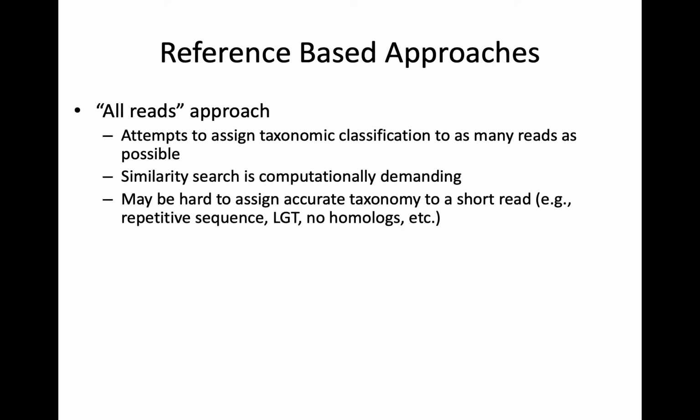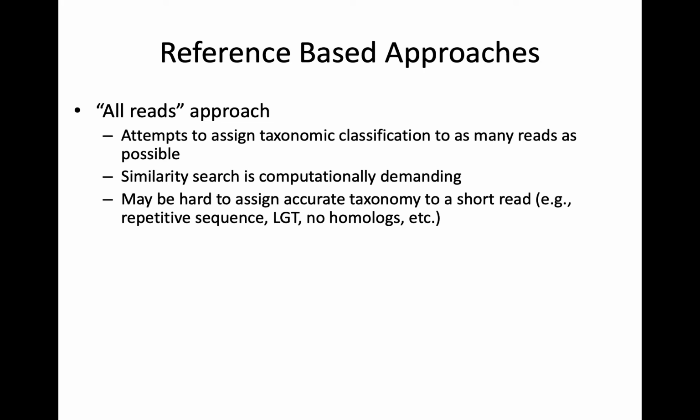So this sounds good. This is kind of what you would think about when you're doing this. It means similarity search is computationally intensive, right? So you're trying to map all your reads to a very large database, and we'll talk about that a bit more. The downside, this is what I mentioned before, is that because we're trying to annotate all those reads, some of those may not be good representative markers.